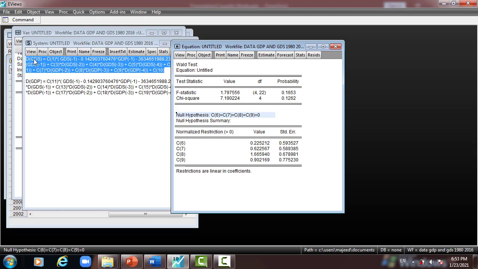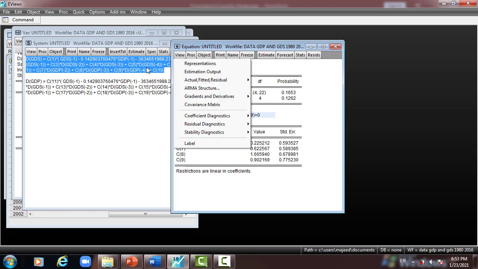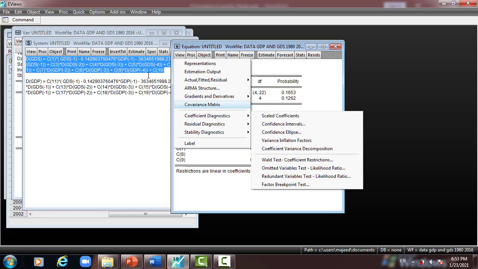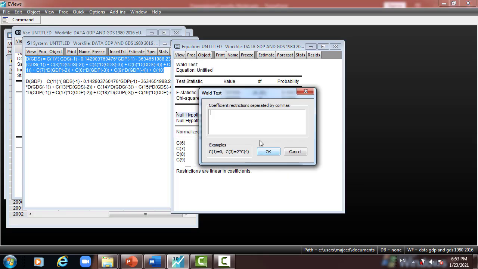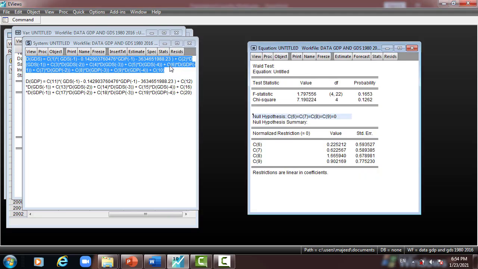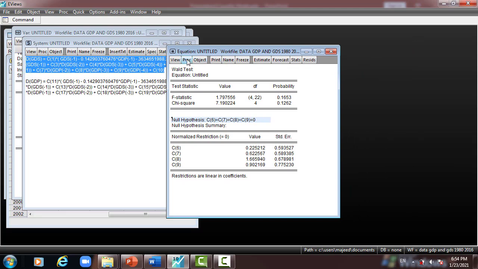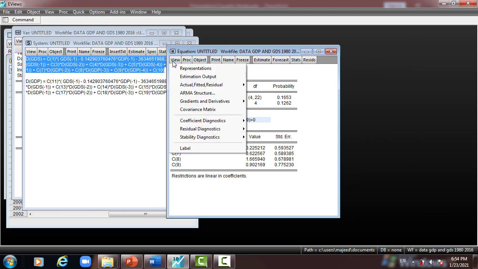The second part we have to check is for GDS. Coefficient diagnostic, Wald test, and then we can see the equation here, GDS with GDS minus 1 with C2, C3, C4, C5, from C2 to C5.